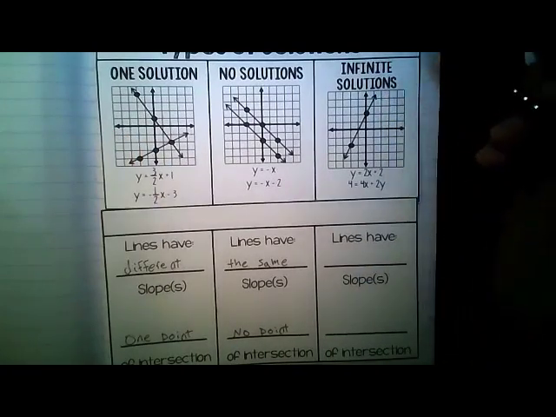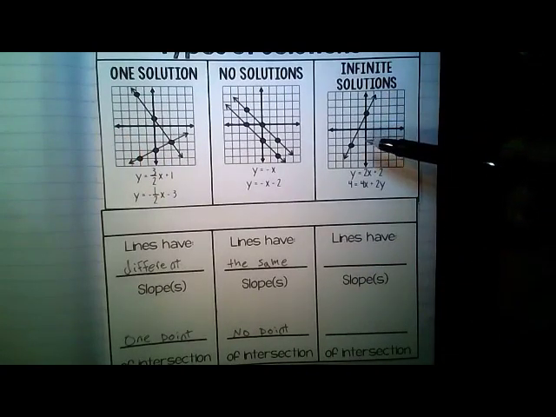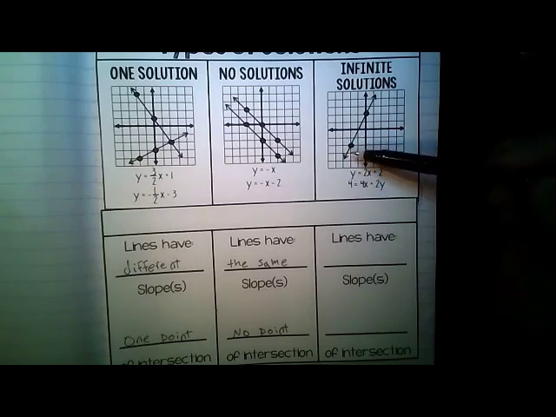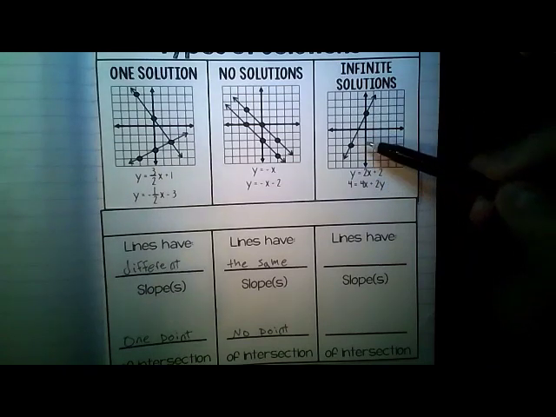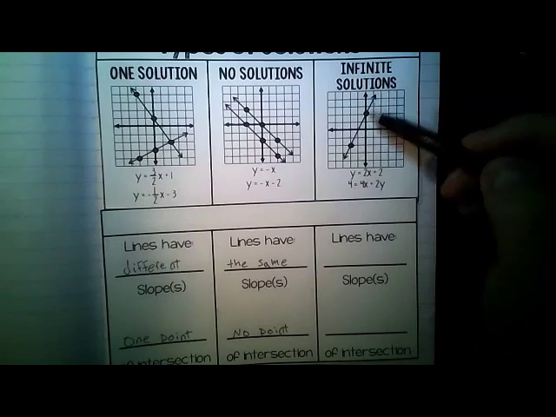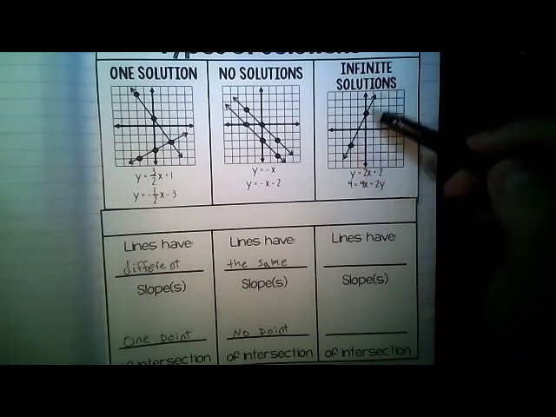Finally, infinite solutions. Now, infinite solutions occur when you've graphed a line on top of another line. For example, y equals 2x plus 2 and 4 equals 4x plus 2y. Well, these are really the same line. So when they're graphed, okay, they're going to be graphed right on top of each other.